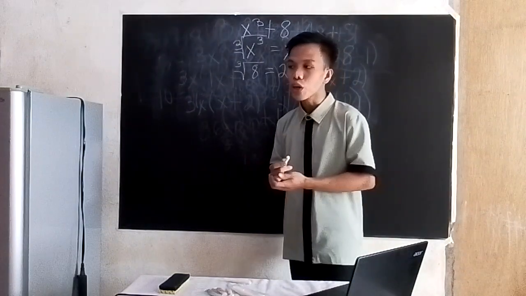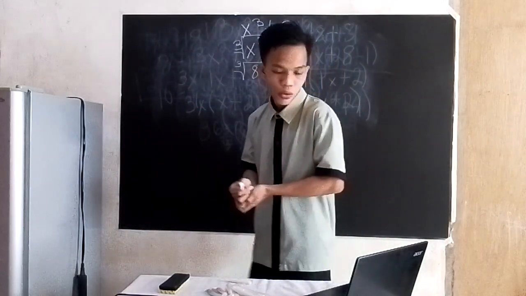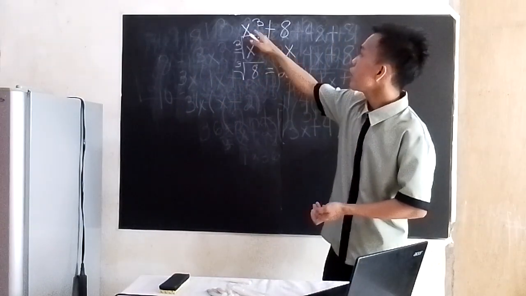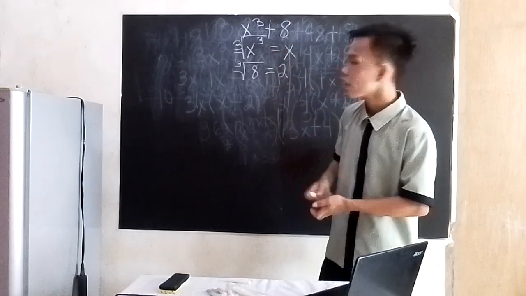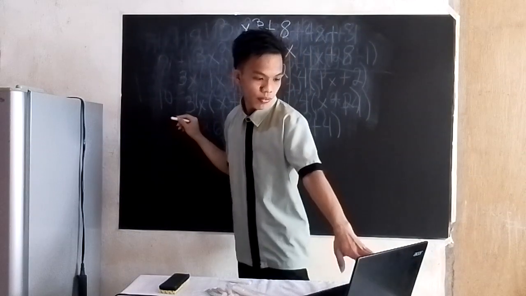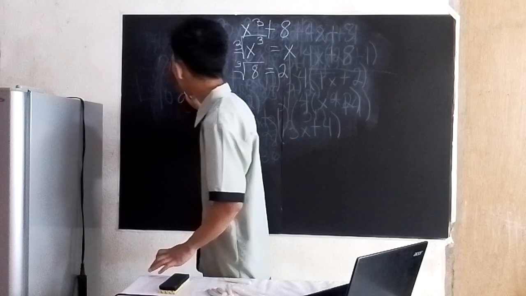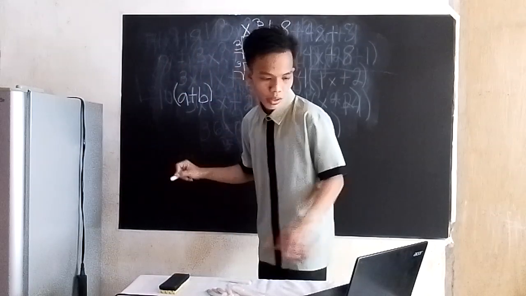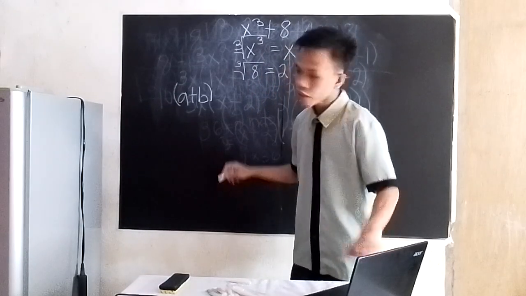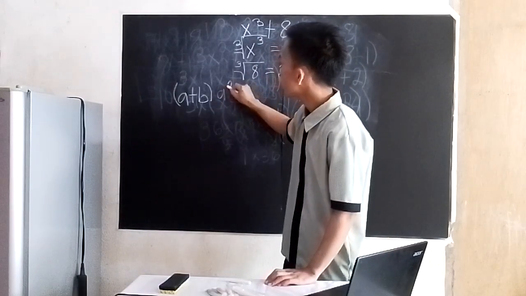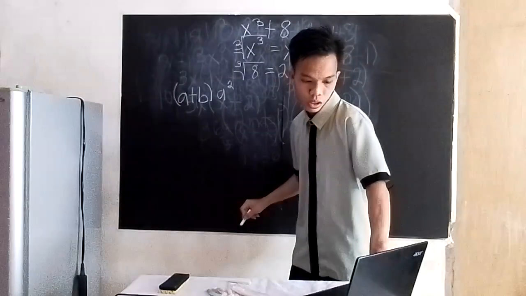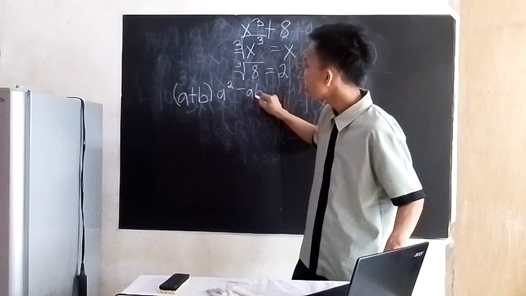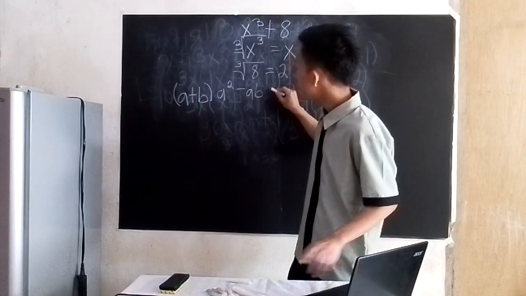So in here we are going to use a formula. The formula on getting the factor of x cubed plus 8 is (a plus b) multiplied by (a squared minus ab plus b squared).